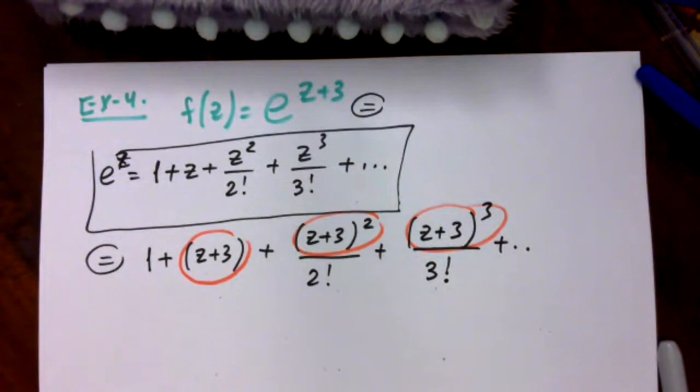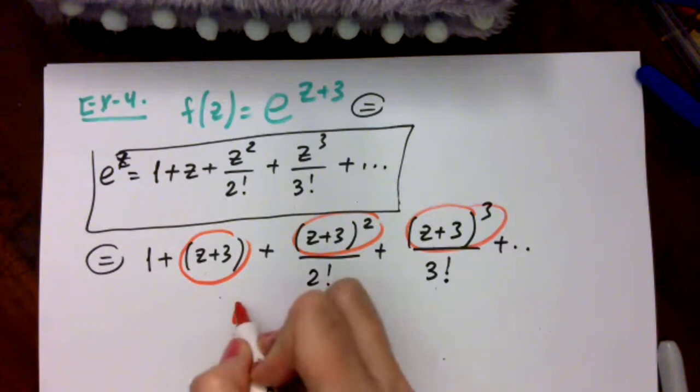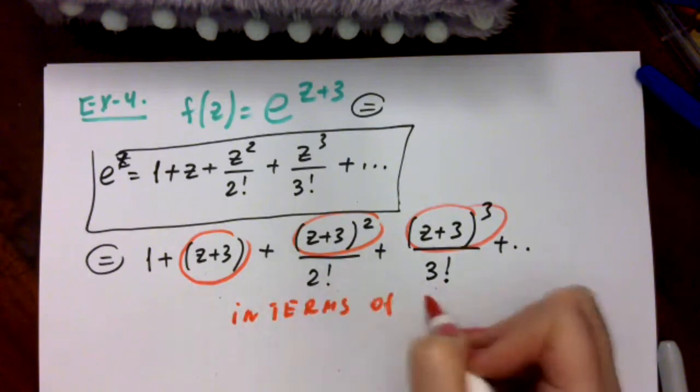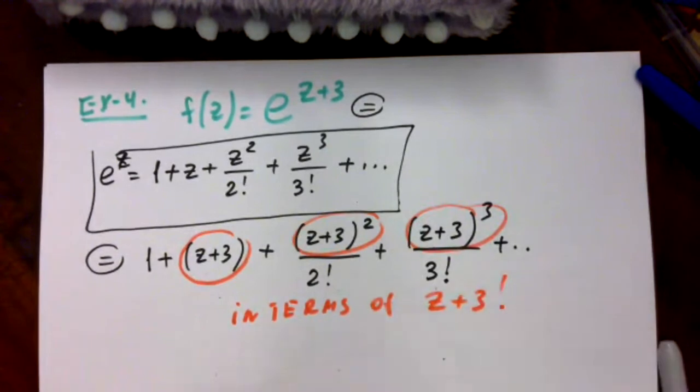We did achieve an expansion, but it's not what we were asked to obtain. We were asked to obtain the expansion in terms of z, but this is in terms of z plus 3. So we got a wrong answer. We didn't obtain what we were asked to.